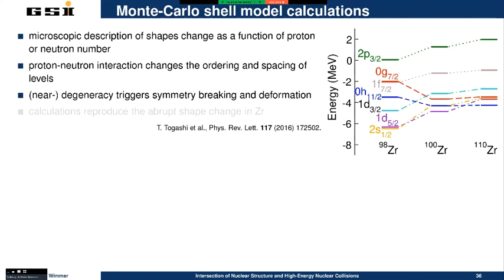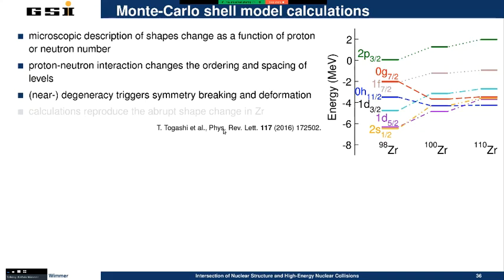Now, in more recent years, this has attracted more and more attention because, in contrast to these very schematic and simple calculations involving only a few orbitals, nowadays one can make these calculations employing the full valence space.